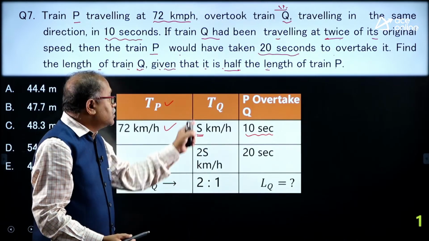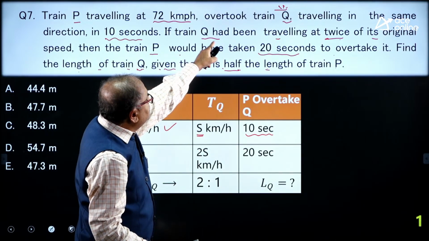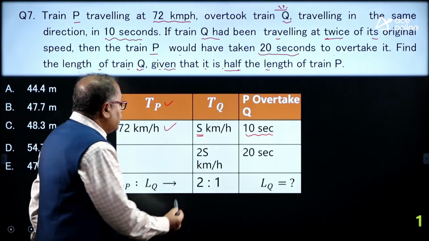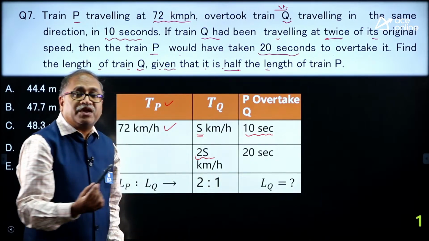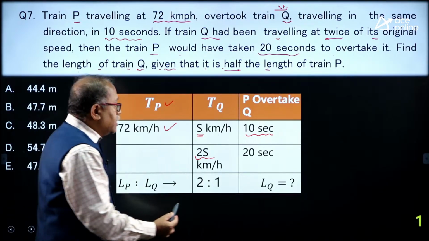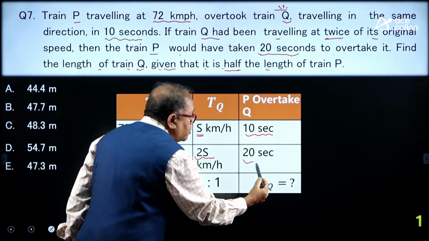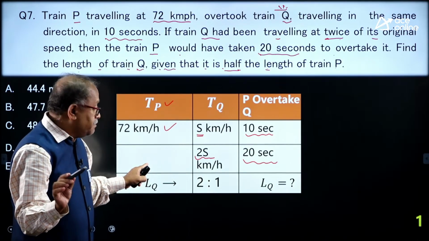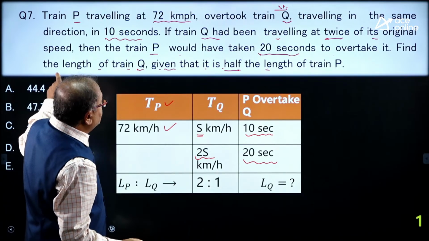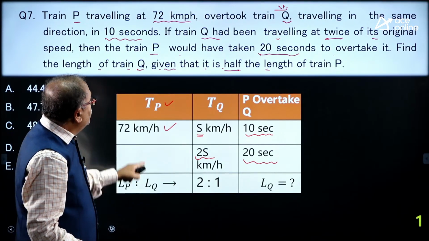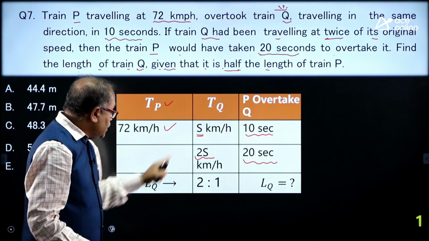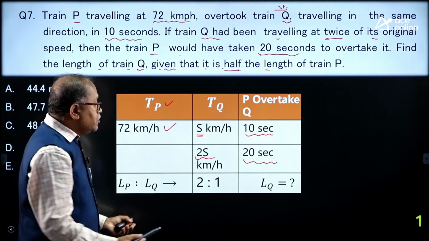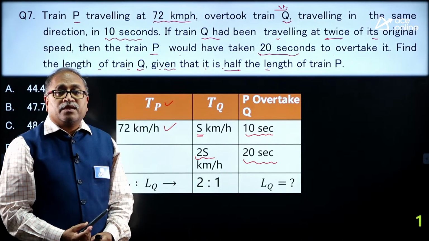If train Q's speed changes to 2s, it takes 20 seconds to overtake. Train P's speed remains the same. Length of P to length of Q is 2:1. So, you are asked, what is the length of Q?